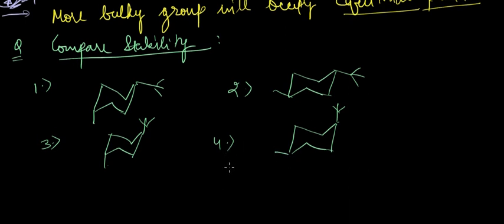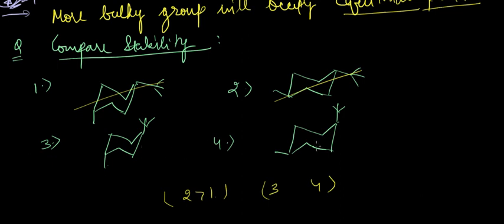Obviously more bulky group should be at equatorial. So in these two cases, 3 and 4 would be at the last priority. Out of 1 and 2 we should compare that if both the bulky groups are at axial, then it's not good for us. So 2 is more stable than 1, so these two are compared.